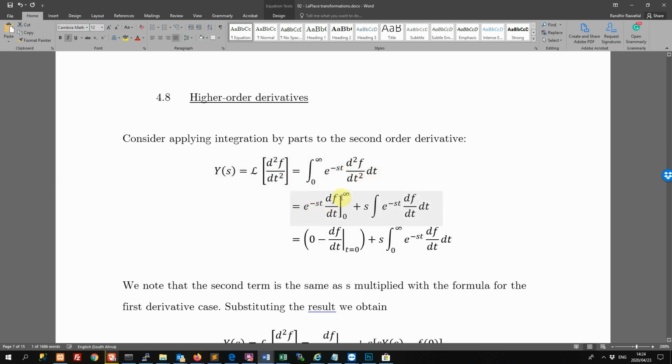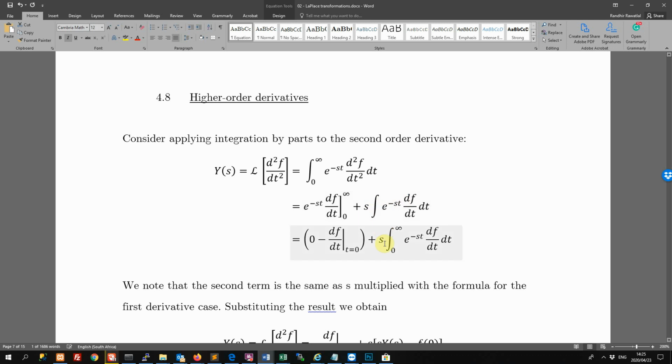And here clearly we'll get this form. So we would integrate d2f dt squared, and for the second part, again, the s will split out when we integrate this, differentiate this part, and then we integrate this part, and that's still in the overall integral. And then evaluating this at infinity, that's a 0. At 0, that's a 1, leaving us with minus df dt at t equals 0.